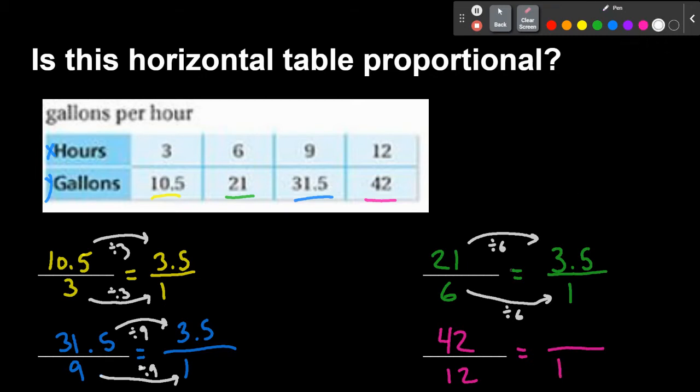So let's go through the same process here, dividing both top and bottom by 12. That didn't look like a 12 very much, but it was, believe it or not. And 42 divided by 12, we get, oh yeah, 3.5.